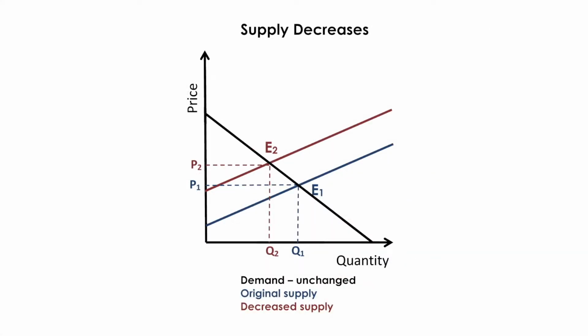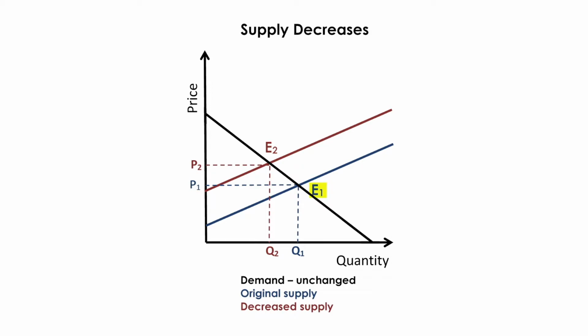So in these graphs, the downward sloping graph is always the demand, and the supply is the upwards going graph, because as quantity goes up, price goes up. So what you can see here is two different supply curves and one demand curve. Now, let's look at E1, which is equilibrium 1.